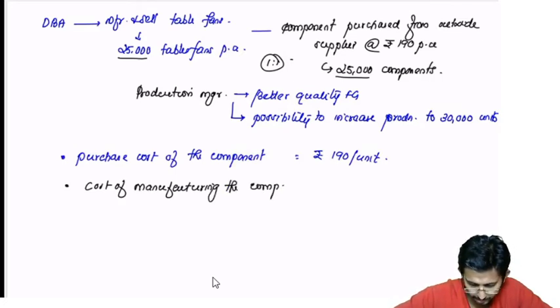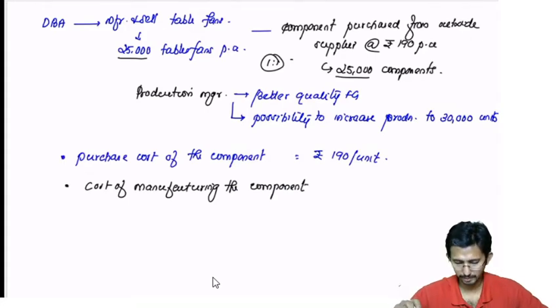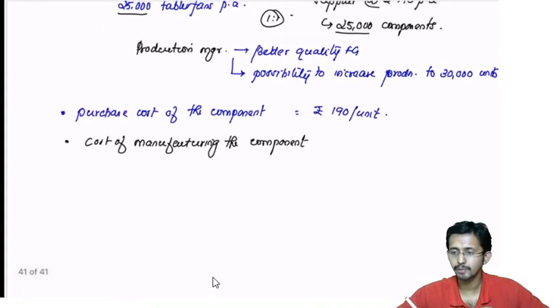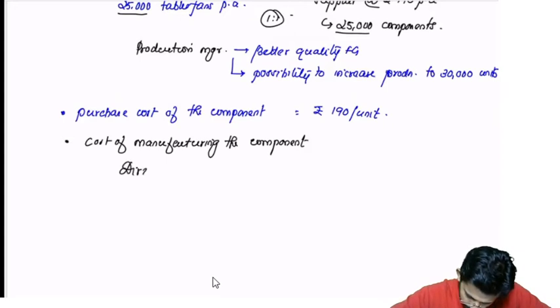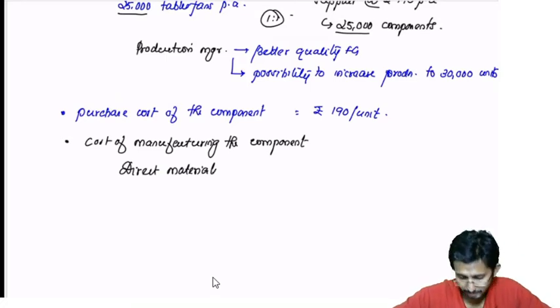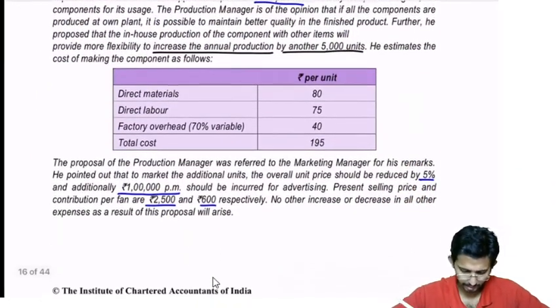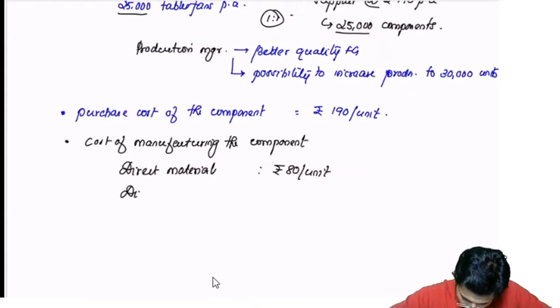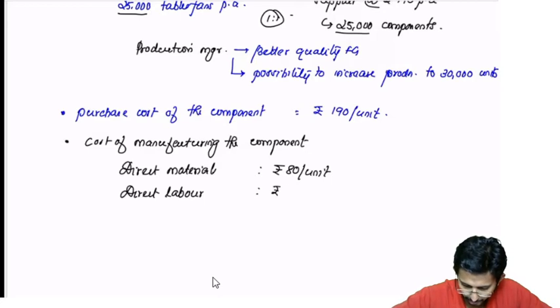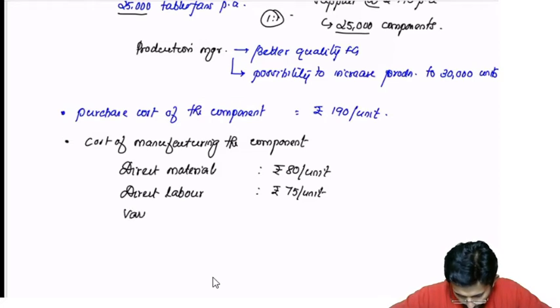What's the cost of manufacturing the component? Direct materials rupees 80 per unit. Then direct labor rupees 75 per unit. Then variable overhead.